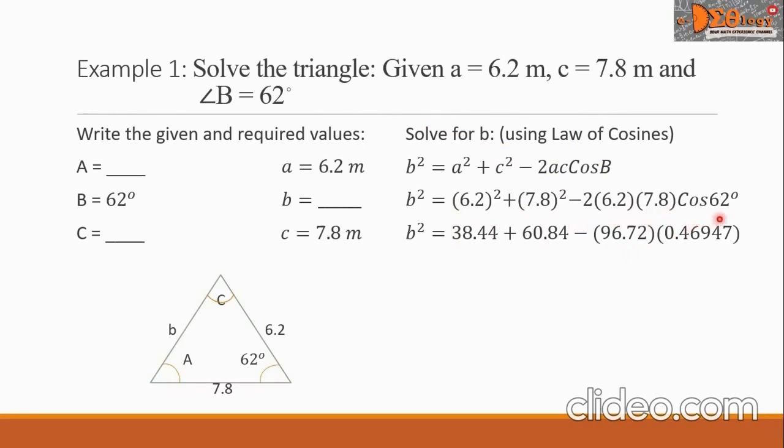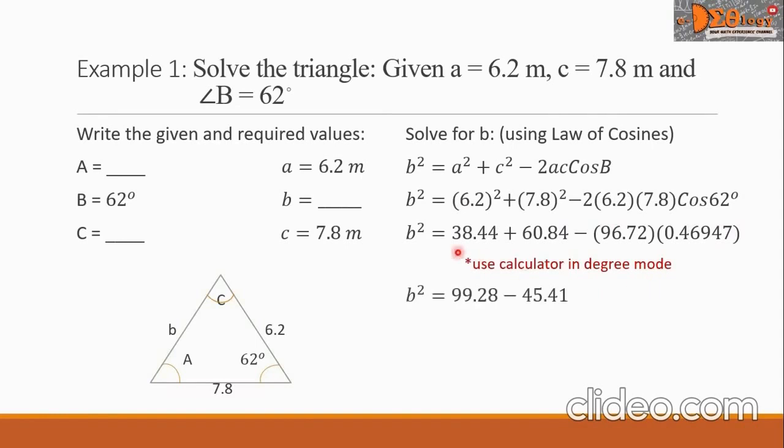The cosine of 62 degrees is 0.46947, rounded to 5 decimal places. Take note, you should use calculator in degree mode.